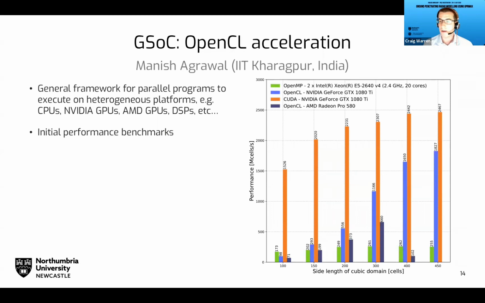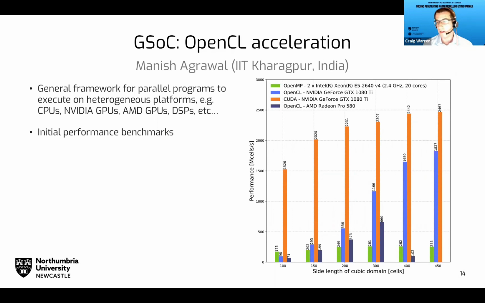but this is a graph that compares the 20-core CPU for performance to OpenCL on a couple of different graphics cards and versus CUDA that I just showed you on one graphics card. So CUDA still wins. It's still faster than OpenCL.